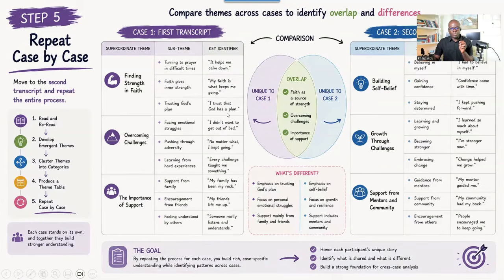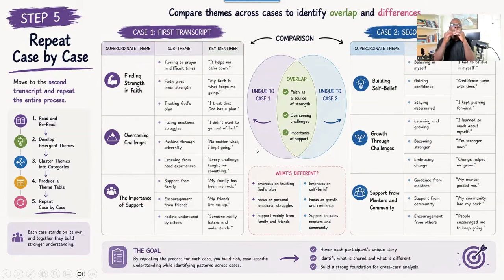The next step is to compare and contrast. Compare the main themes and find out the overlapping themes. So as you can see here, if you compare case 1 and case 2, the overlapping theme is here, the theme that overlaps, right? And then the ones that are different, you can list them.